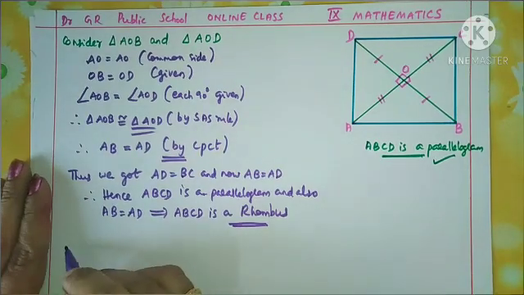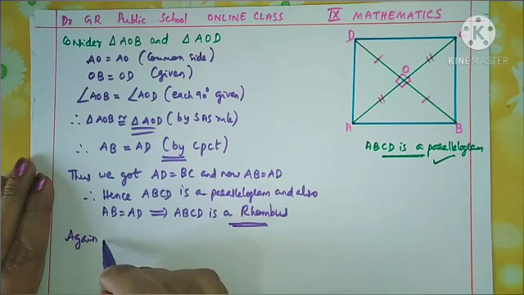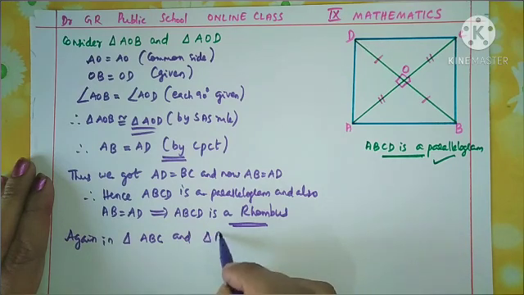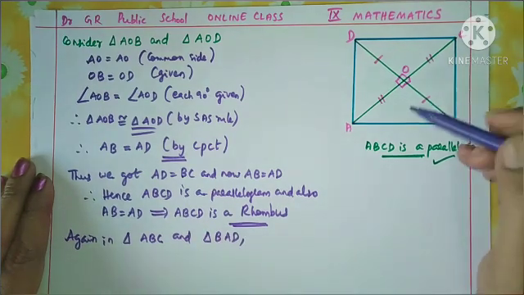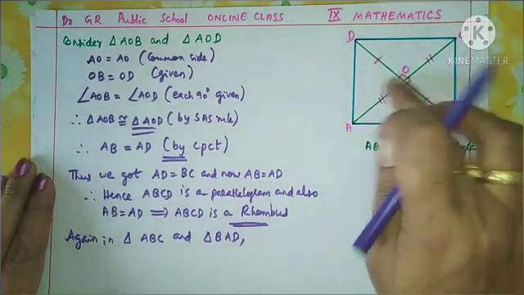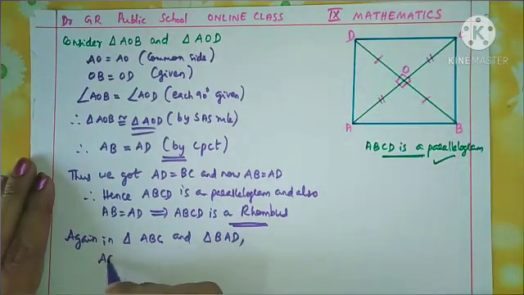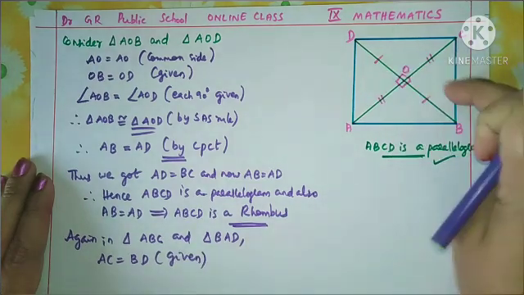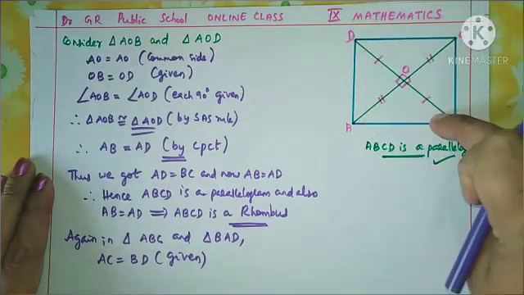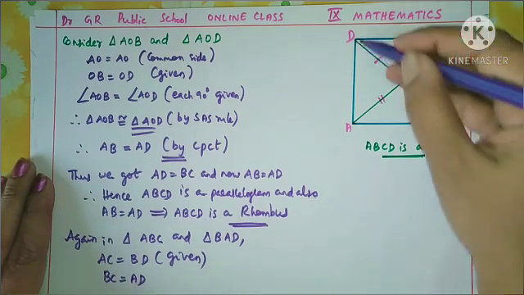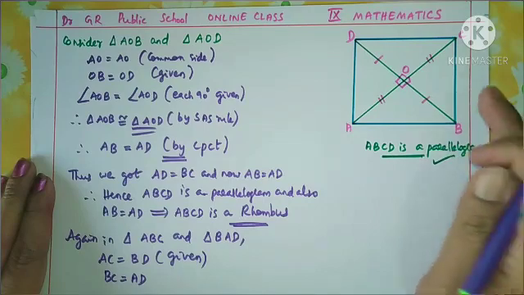So, for that, again we are taking triangle ABC and triangle BAD. What are the things you know? The diagonals are equal, that is given: AC equal to BD. Then BC is equal to AD, correct? BC is equal to AD, that we proved in the previous part.